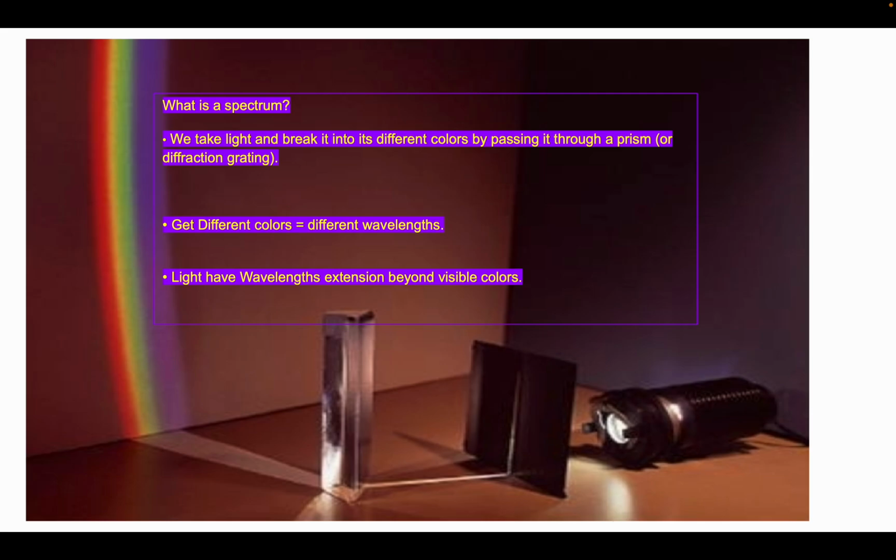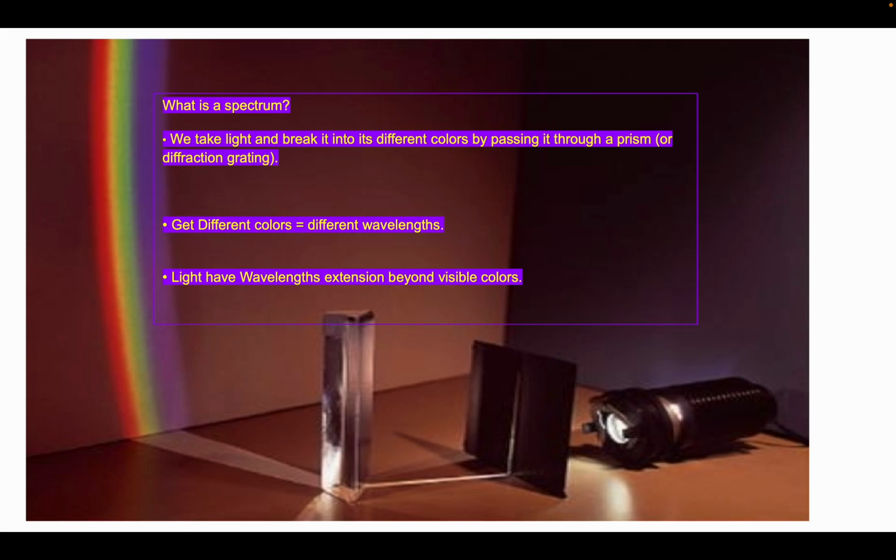So now, what is a spectrum? A spectrum is what we get when we break light through a prism. We take the light and break it into different colors by passing it through a prism or a diffraction grating, and we get different colors, that is, different wavelengths, and we produce a spectrum.